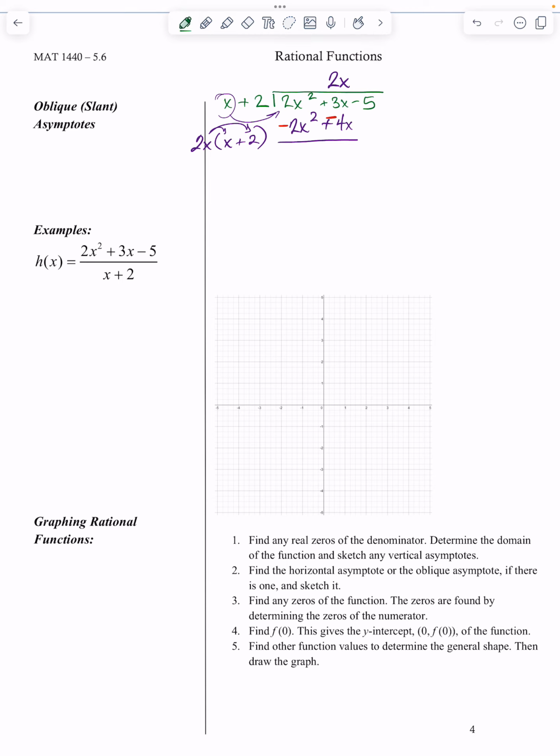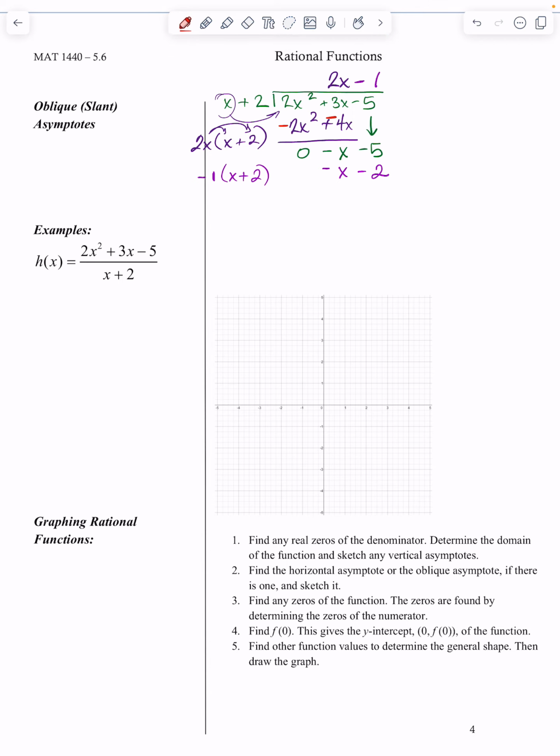So I got 2x squared minus 2x squared. That gives me a 0 here. I've got 3x minus 4x, so that's minus 1x. And then I'm going to bring down the 5. So now I have to figure out what to multiply positive x by to get minus x. And so that's just negative 1. So I get negative x minus 2.